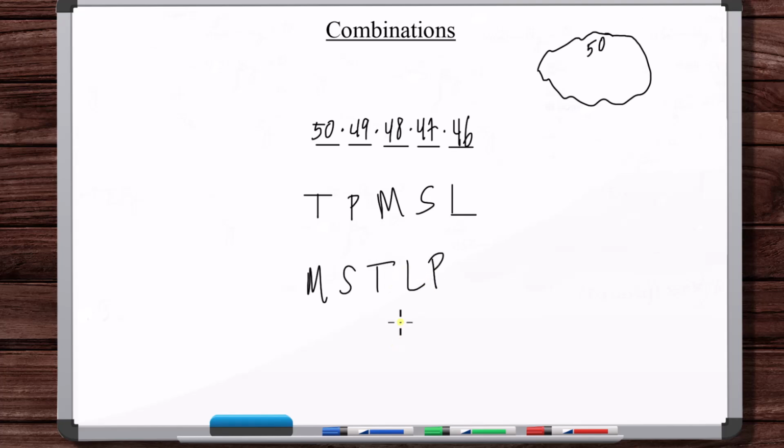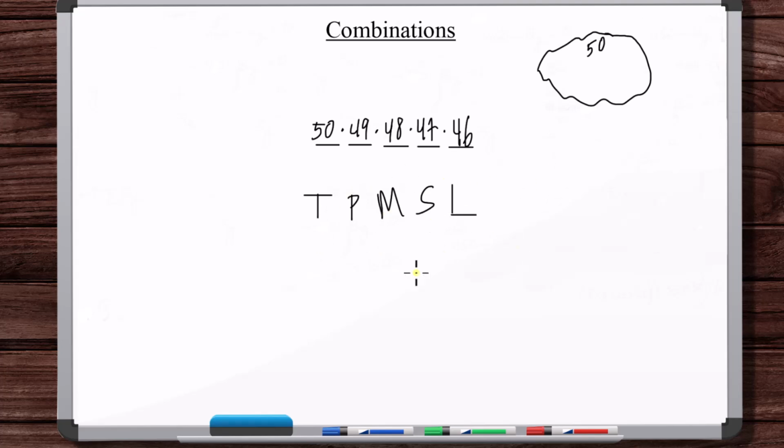So to fix this problem, we need to divide out all of the different ways you can reorder a group of 5 people. So we need to take this number and divide it by the number of ways we can order any group of 5 people. Well, that's a permutations problem, right?